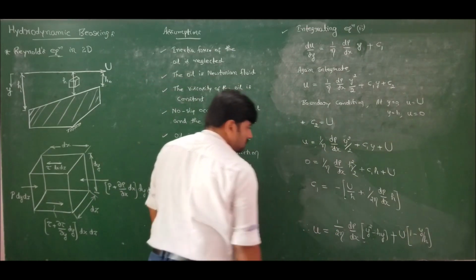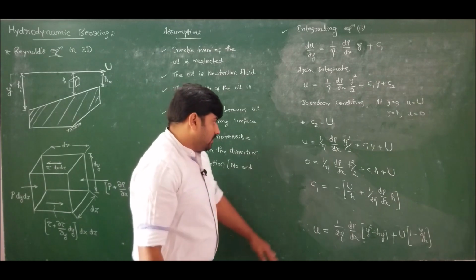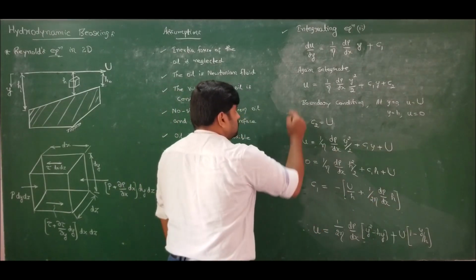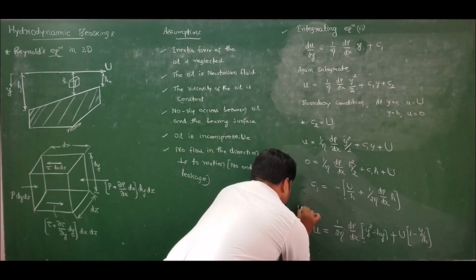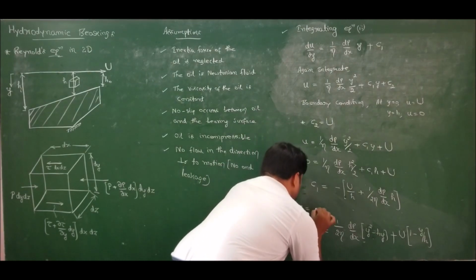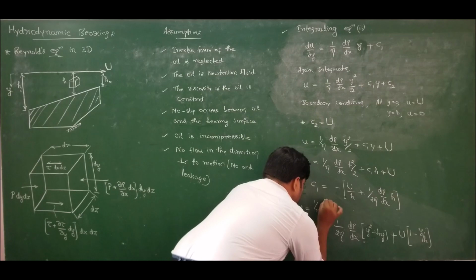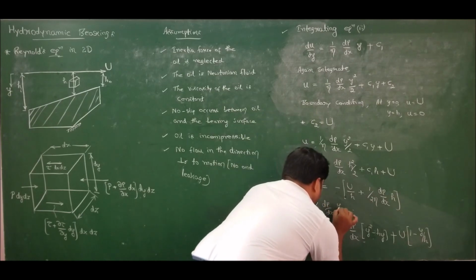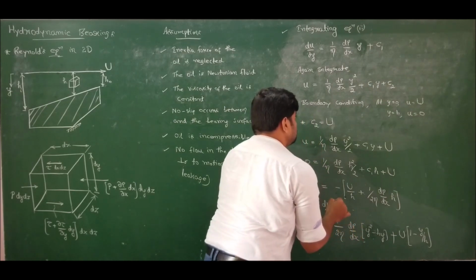I think here people are confused. Let me substitute and show one more step here. Small u will become 1 by eta dp by dx y square by 2 plus C1y.